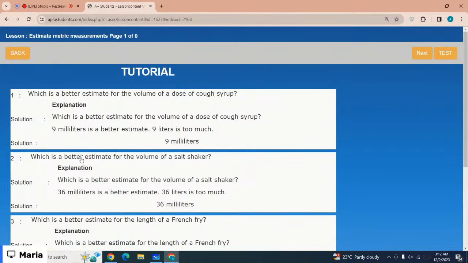So, which is the correct option? Liters is a bigger unit, so the correct option is 9 milliliters, right? Let's just start with the test questions.